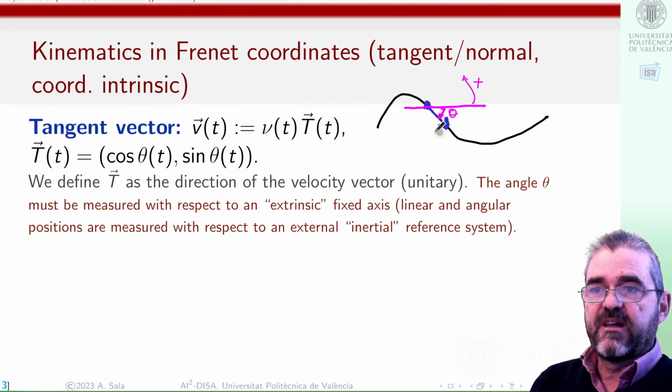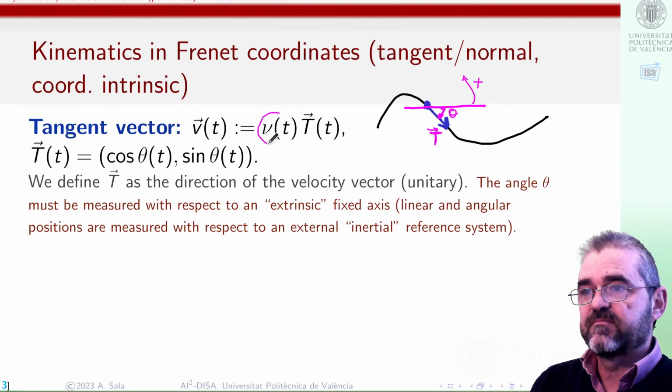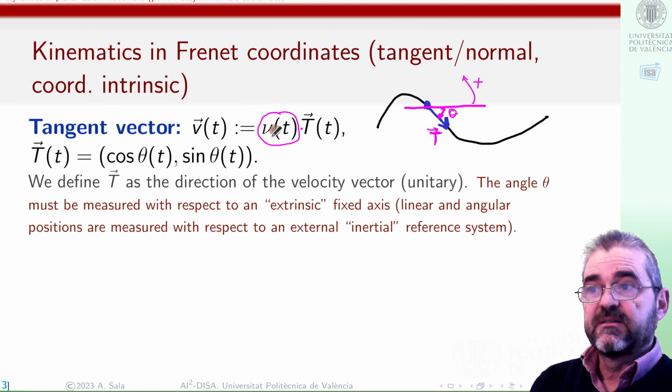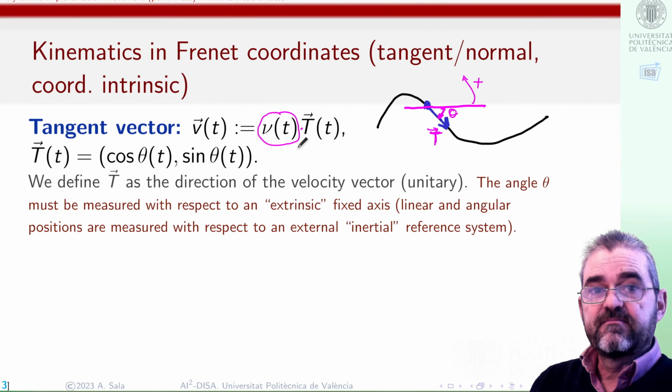The thing is that we will have this tangent vector T with modulus 1, and then the actual velocity will be such tangent vector times some scalar number, nu in this case, that will give me the actual speedometer reading in your car, let's say.